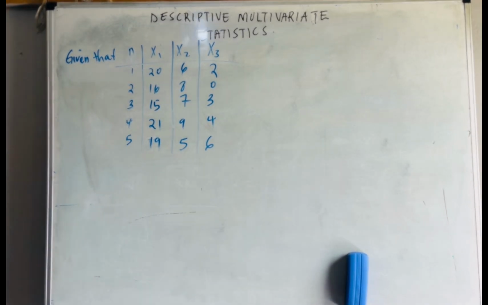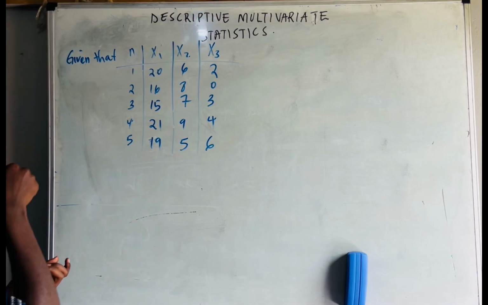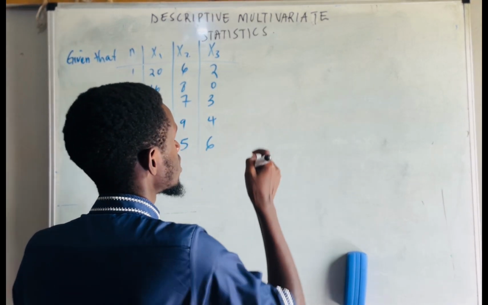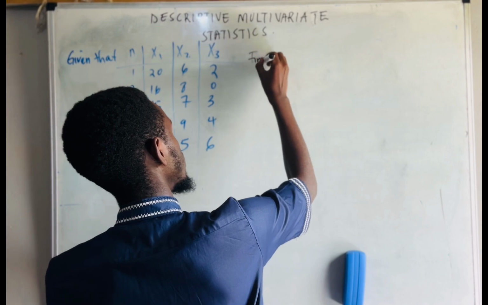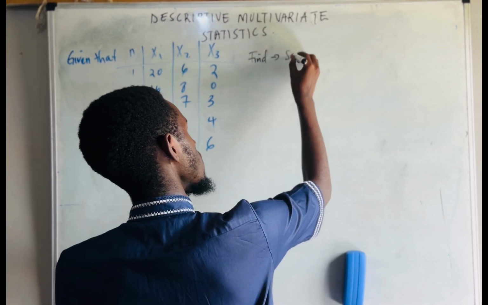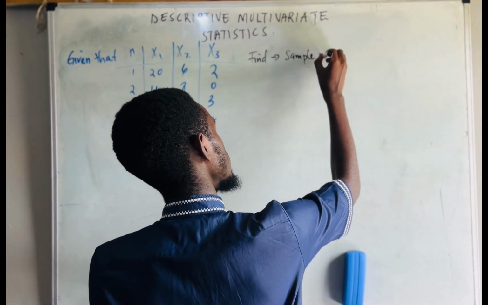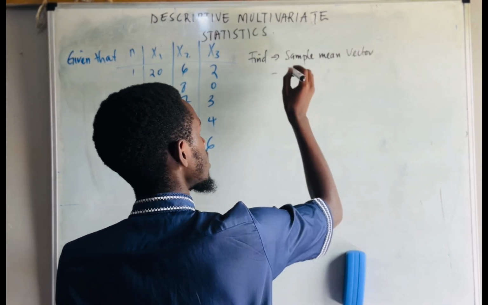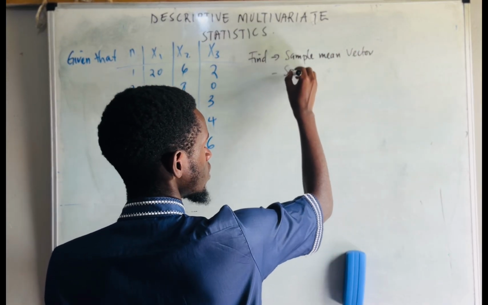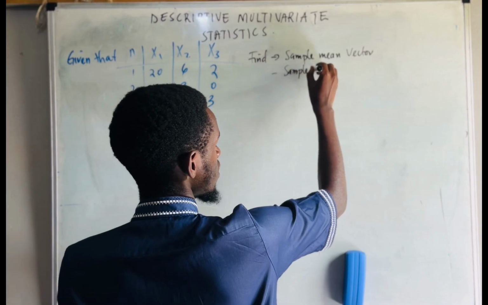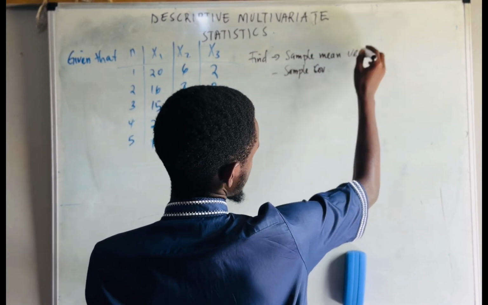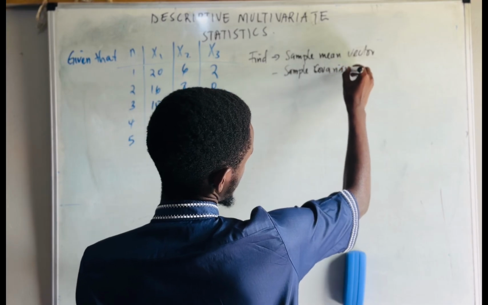The question wants us to find, first of all, the sample mean vector. Second, the sample covariance matrix.